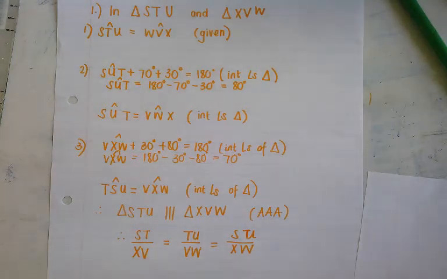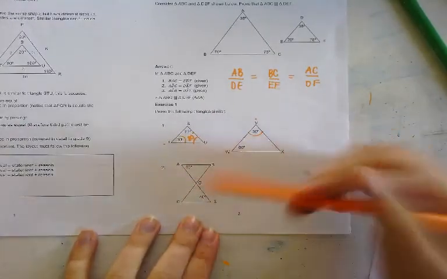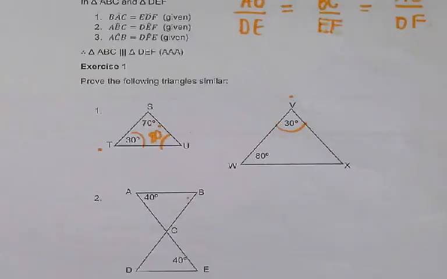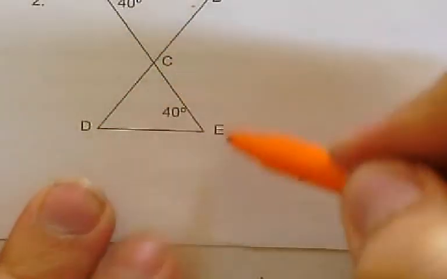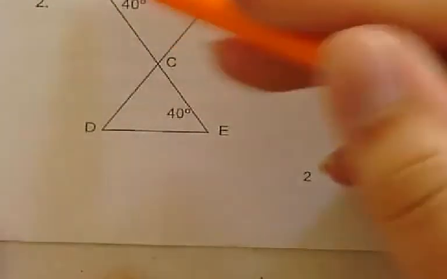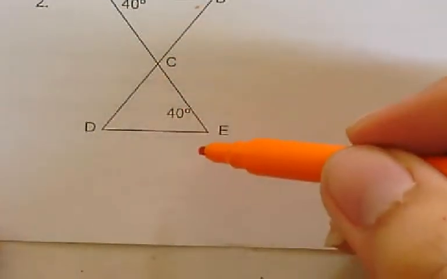Anyone still busy on the board? Okay, so not matching names. I know that I have this top triangle, and I have this bottom triangle. Okay? I can see that A and E have the same size because they give that to me.